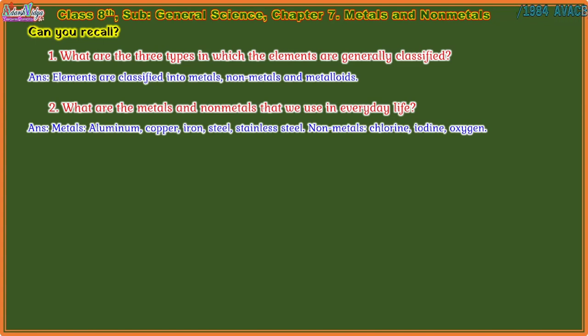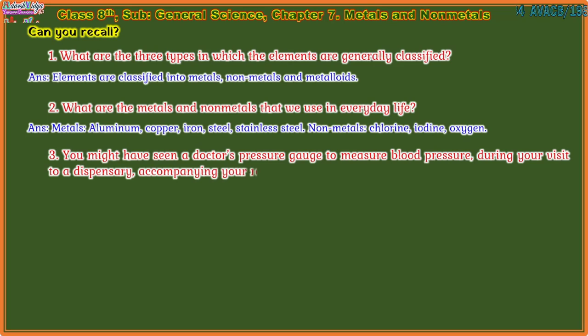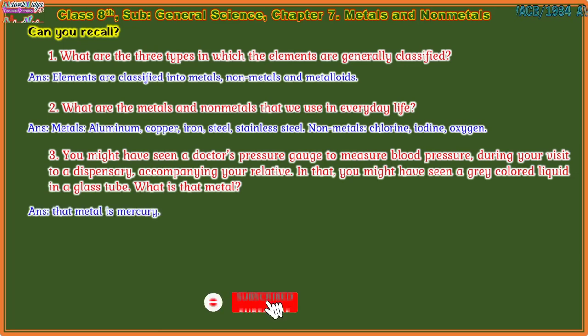Nonmetals, chlorine, iodine, oxygen. Third question: you might have seen a doctor's pressure gauge to measure blood pressure during your visit to a dispensary, accompanying your relative. In that, you might have seen a gray-colored liquid in a glass tube. What is that metal? Answer: that metal is mercury.